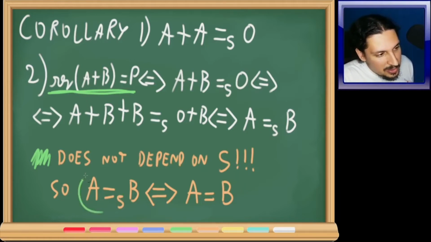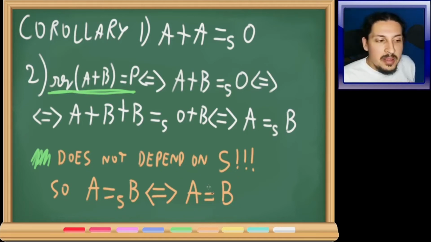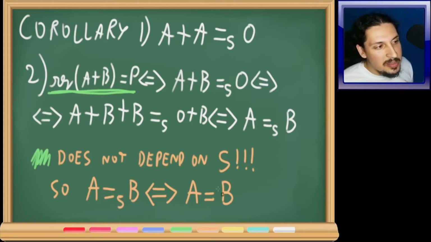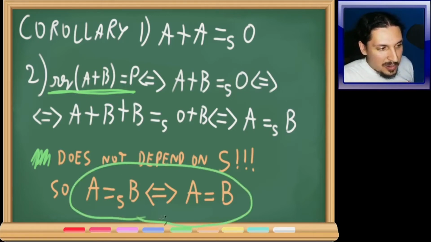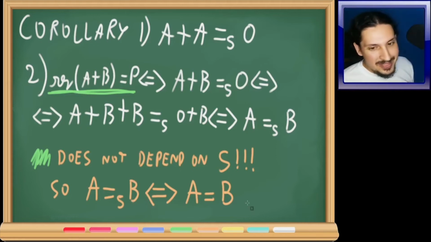A will be equal to B with respect to any class if and only if they are equal with respect to the class of all games. So basically we can start completely dropping this pesky S symbol now. We can just write equals because it's the same. It doesn't matter with respect to which class you do it. And of course this is one of the things that will be false when you take the Misère rule. That is why that one is so much more complicated.